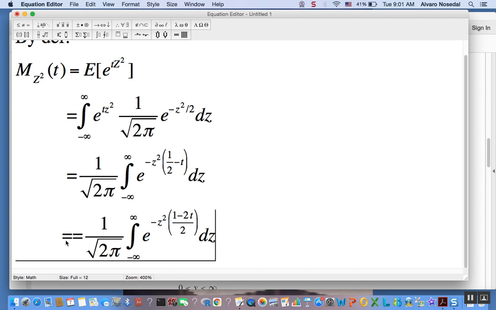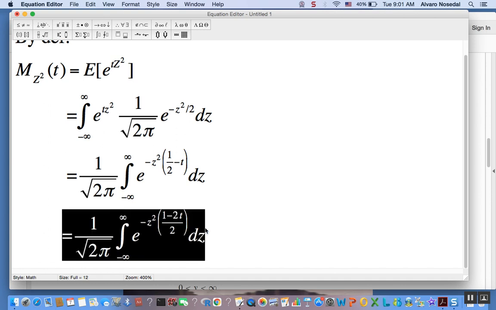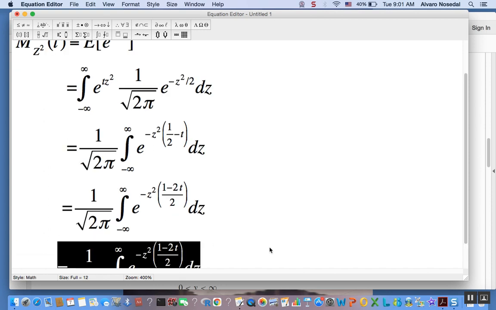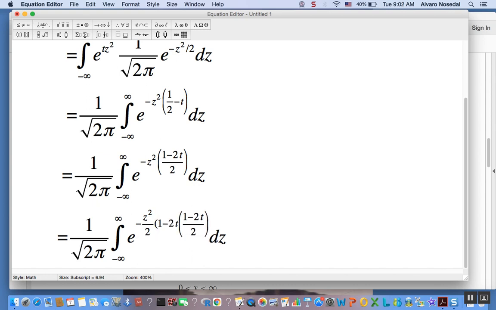Furthermore, what we can do is factor out that 1/2, so let me factor out that 1/2 and going to be using this one here. That's the same, right? Agreed?